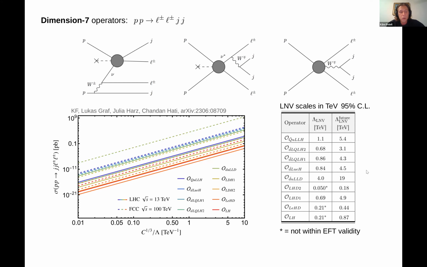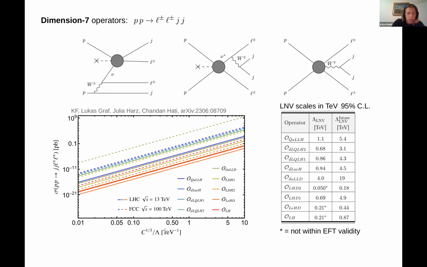And it's notable also to consider the scaling with respect to this EFT scale. The reason that it's only a factor of a few and not several orders of magnitude difference between the LHC and the FCC is that the cross section for this process is very sensitive to changes in lambda.